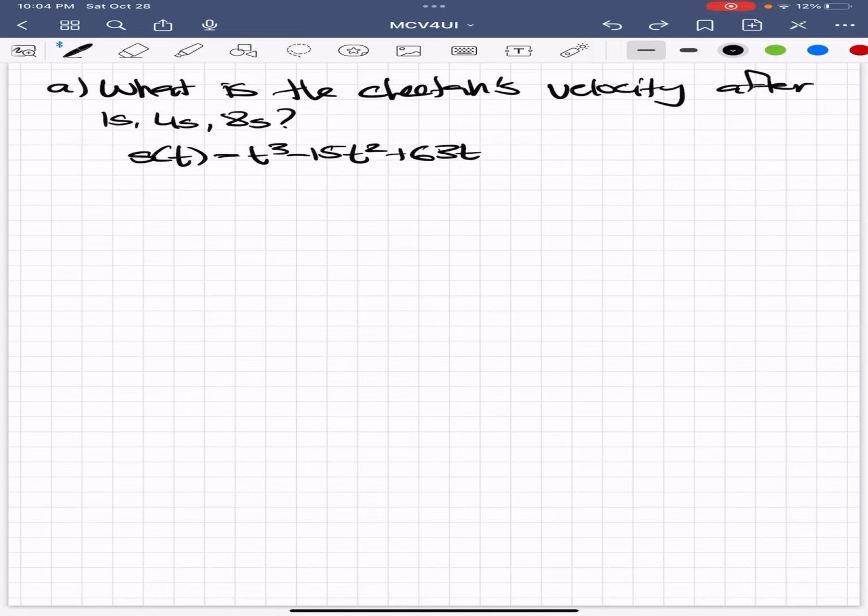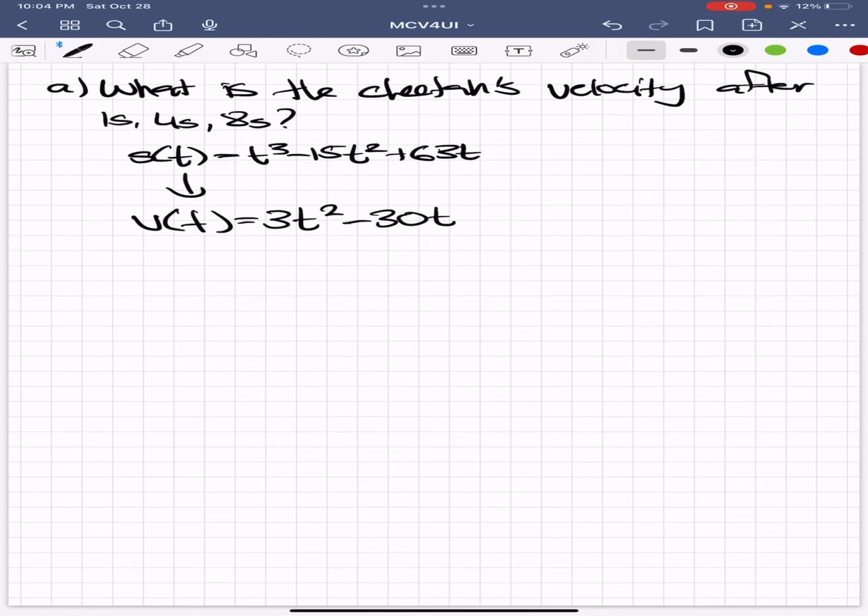V of t, we move the 3 down, and then we do 3 minus 1, which is 2. We move the 2 down, multiply it by 15, which is 30t, and then we do 2 minus 1, which is 1, so we don't need an exponent there to indicate 1.